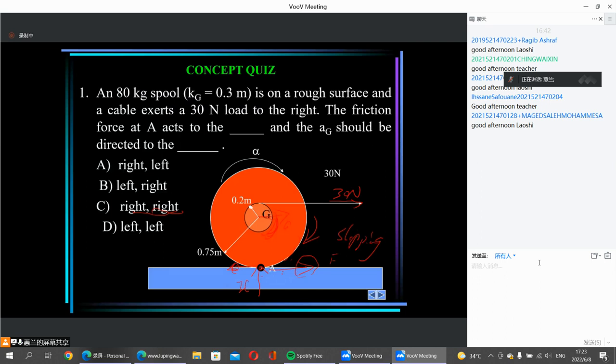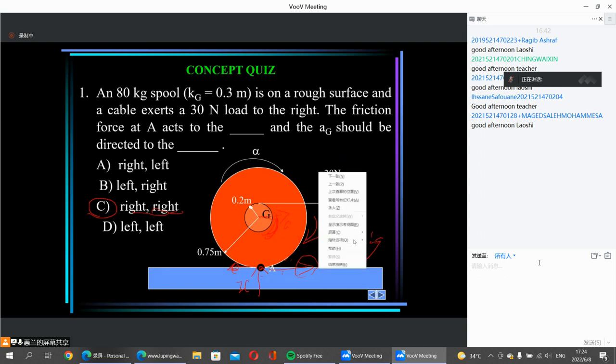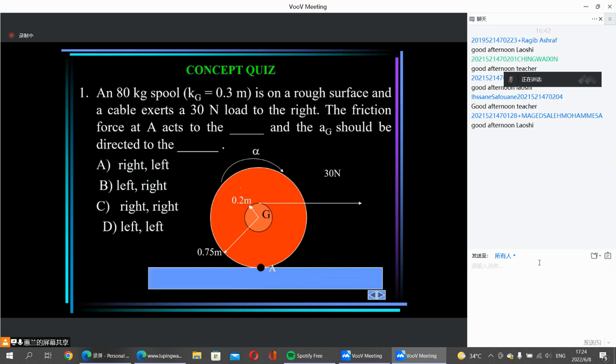The static friction force also has a tendency to resist the motion of point A. Again, point A has a tendency to move to the left. So the answer should be C. So here, when we judge, the answer should be C.